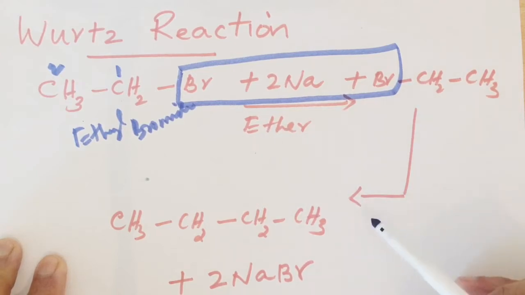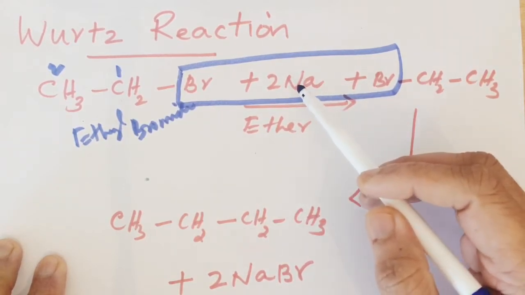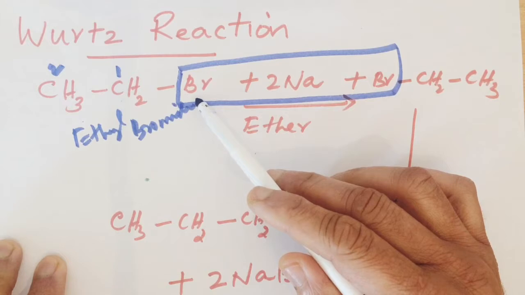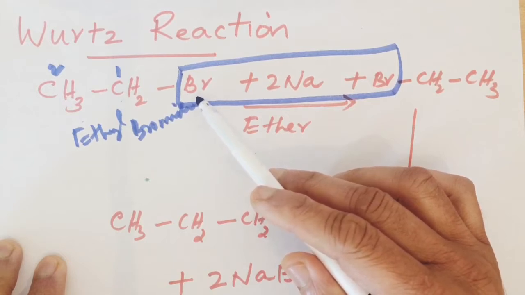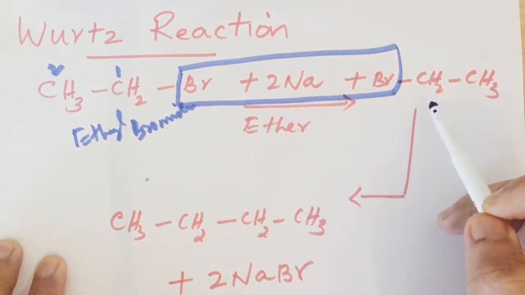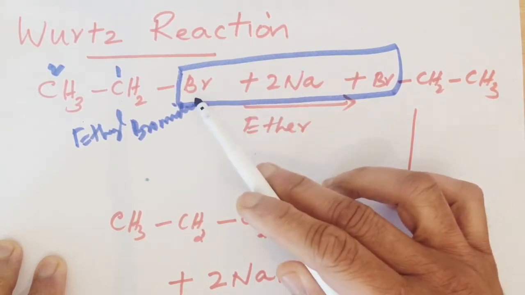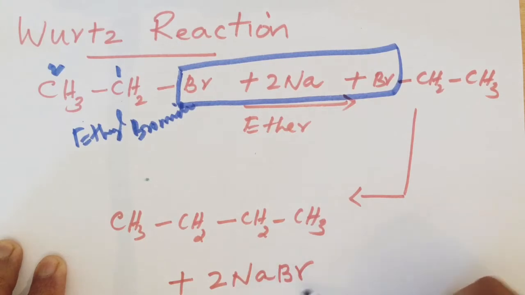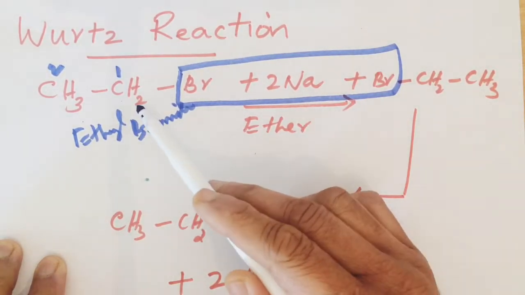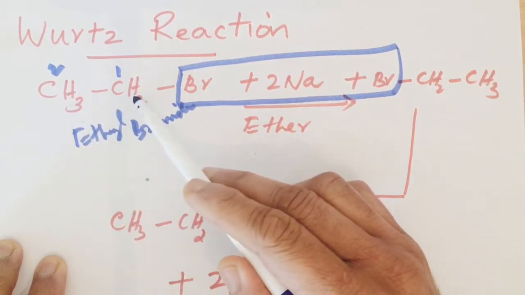So the reaction is taking place like that. The sodium combines with, or reacts with, the bromine of two ethyl molecules and forms 2 NaBr.